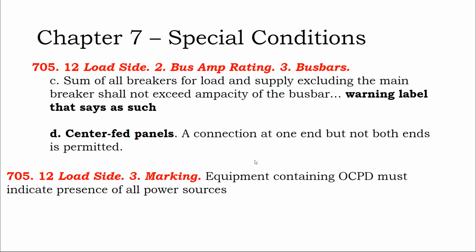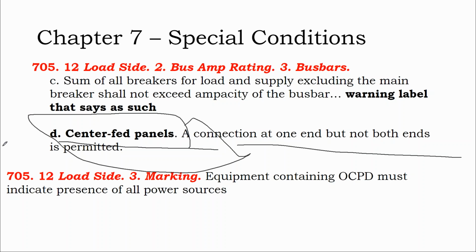Likewise, if you're working on a load side connection, you need stickers that say, hey, be careful about adding more breakers to this service panel, particularly loads, because you don't want it to exceed the ampacity of the bus bar. Center fed panels are allowed to use the 120% rule just on one end, but not both ends.